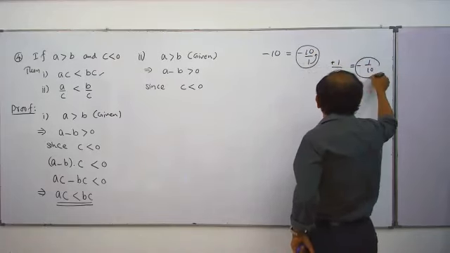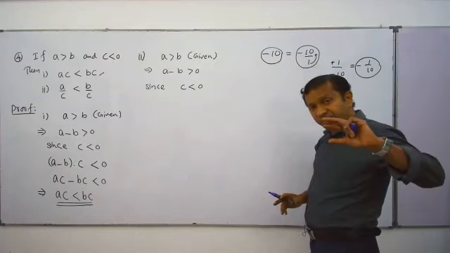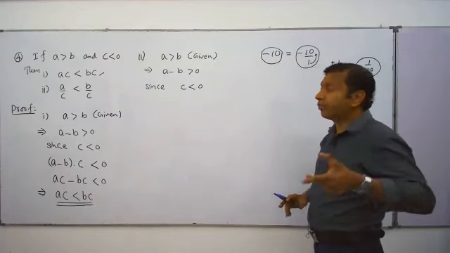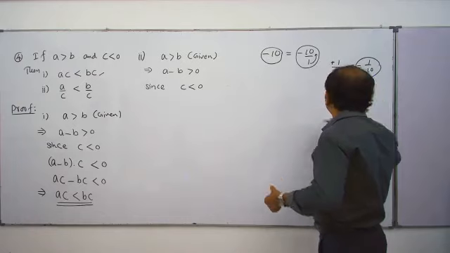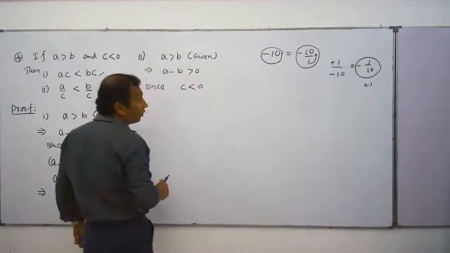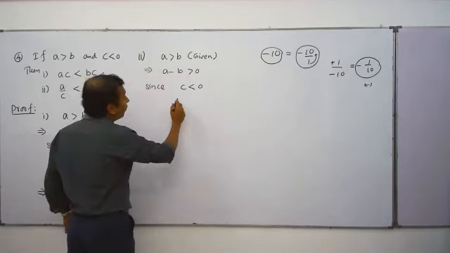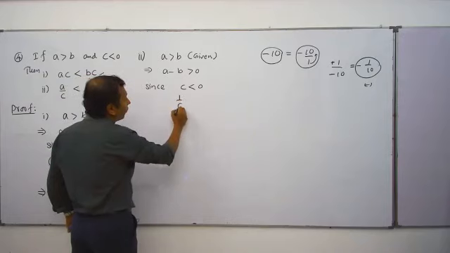So what can we say? If we have a negative real number and if we take its reciprocal, that's also negative. That's what this says. Since c less than 0, c negative, then 1 upon c also negative.